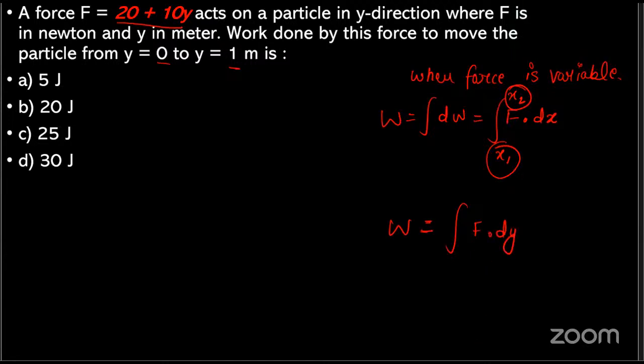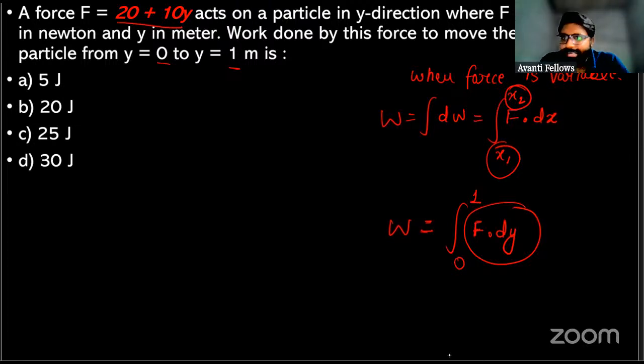Okay, clear? So for y, we will put the limits 0 to 1. So we can simply arrange it as F dot dy. If this displacement were in the x direction, what would we do? F dot dx.